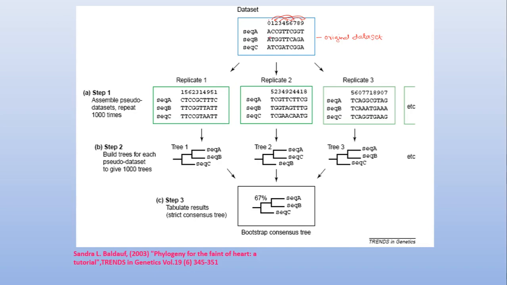In this way, you reshuffle the columns in your multiple sequence alignment and generate different replicates of it.